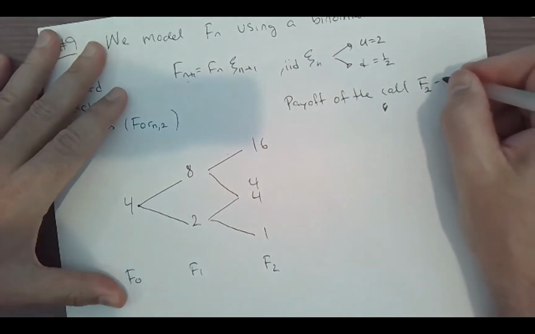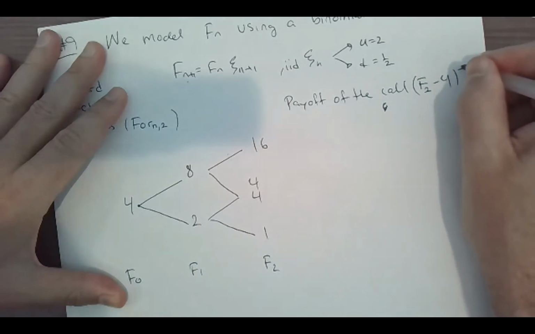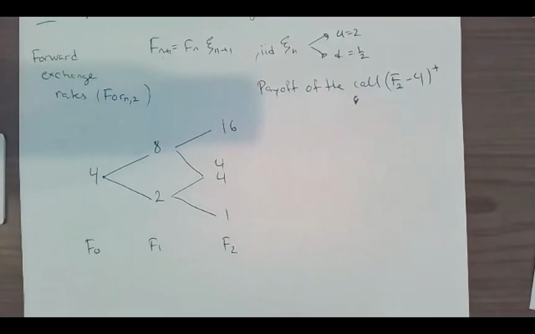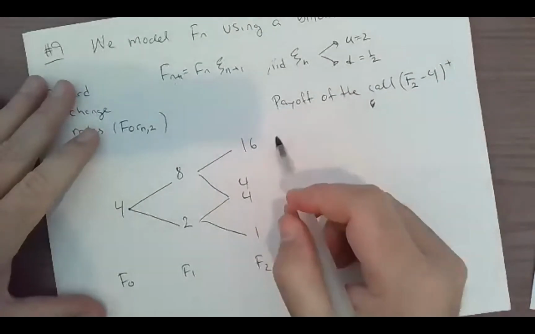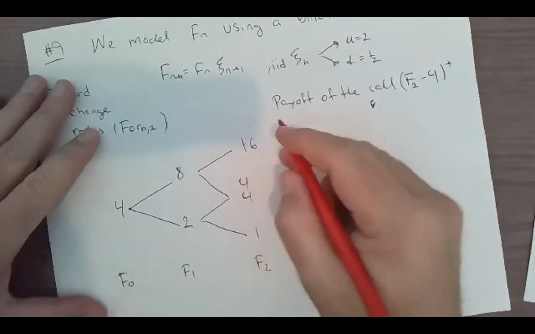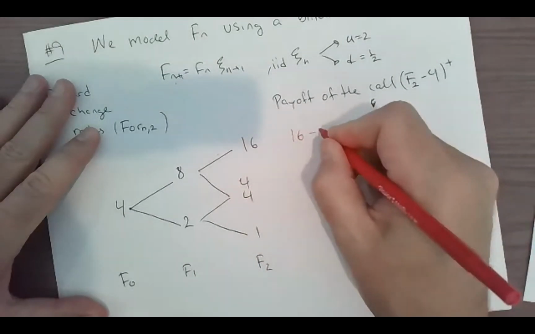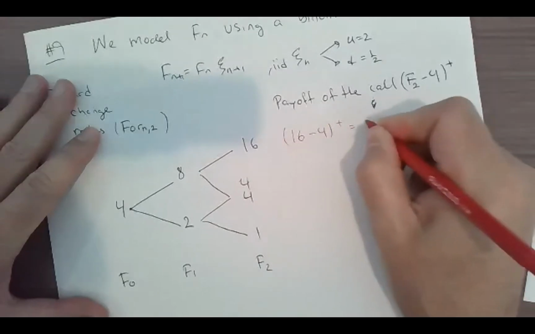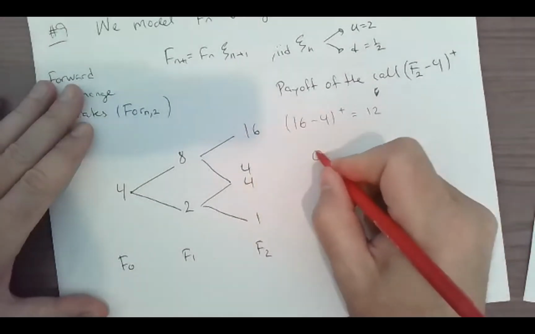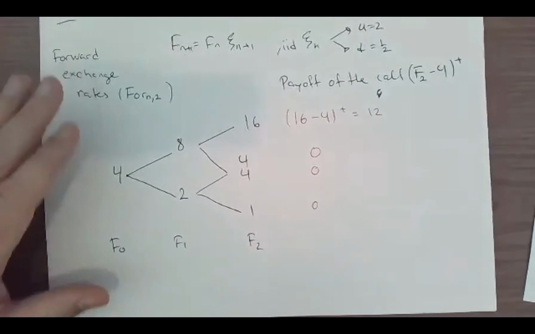It was 4. So the payoff of the call would be 16 minus 4, positive part, that would be 12. You get 0, 0, 0.